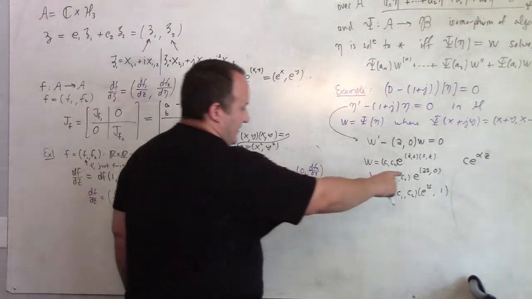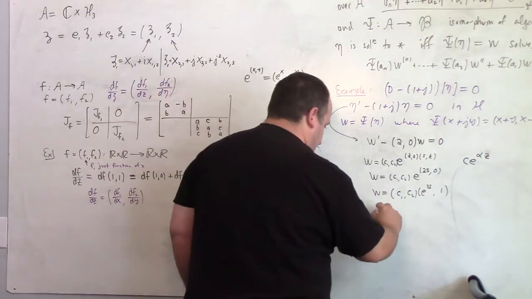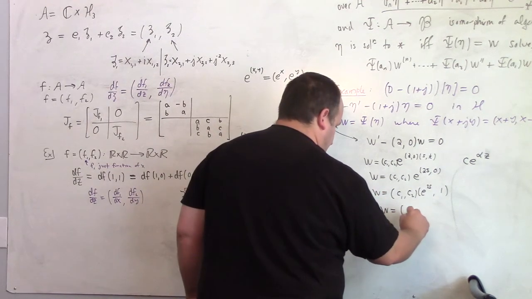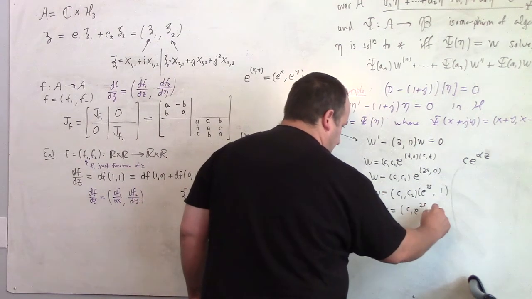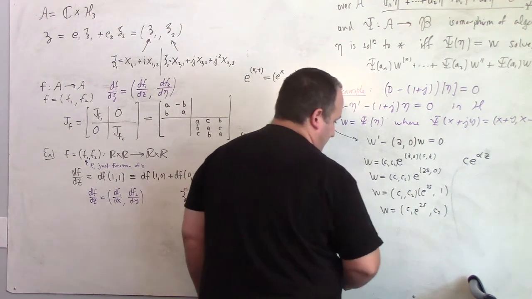I use that here to get W is actually C1 e to the 2s, C2, right?